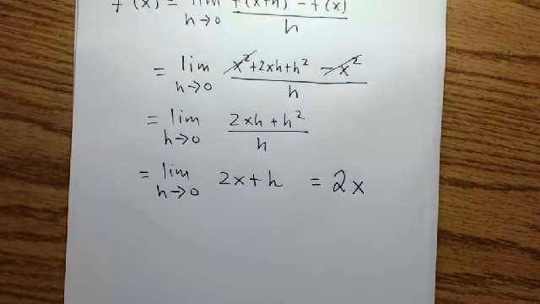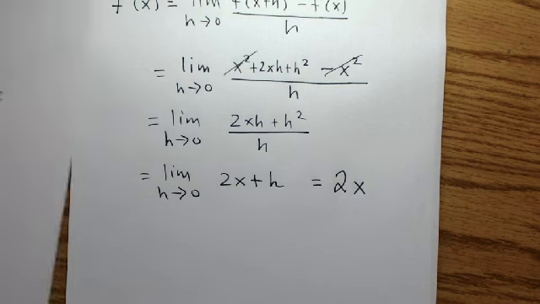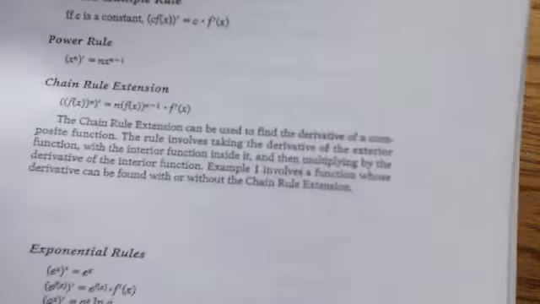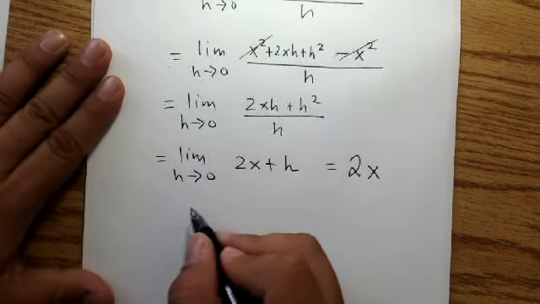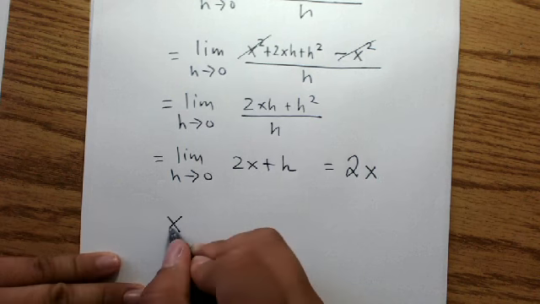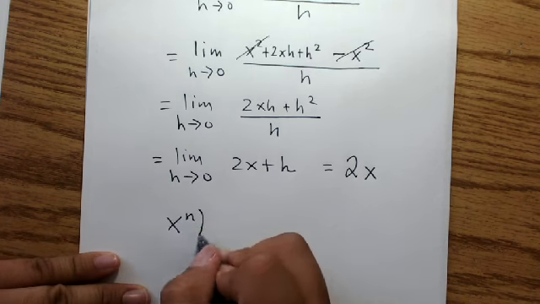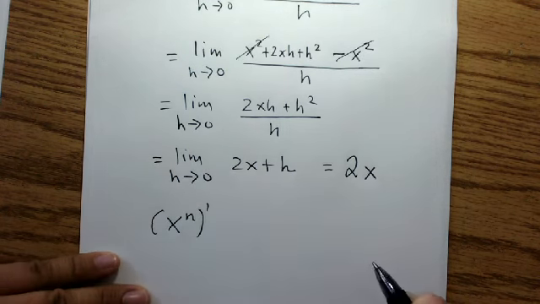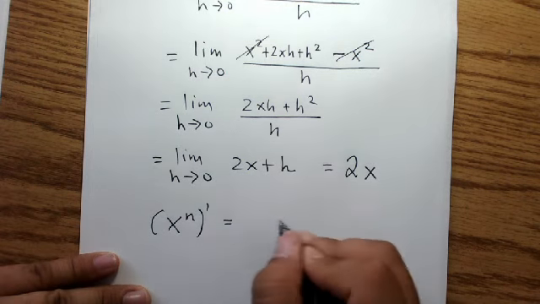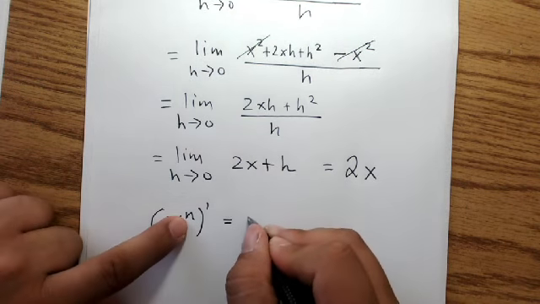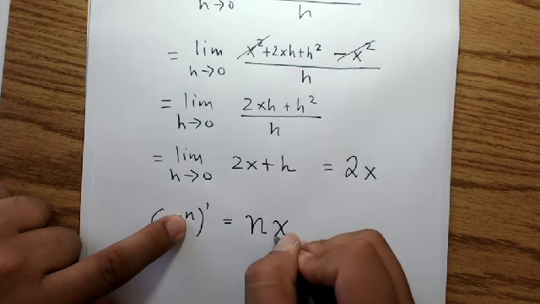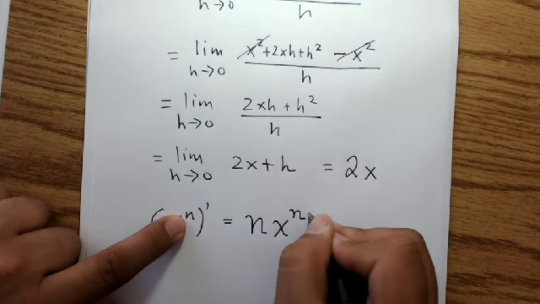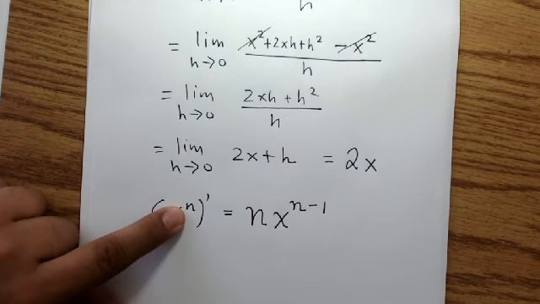Now, according to this rule here, the power rule in your worksheet, it says that for the derivative of x to the n power, you bring the exponent to the front, you leave the x alone, and then you subtract 1 from the power. That's all it's telling you.